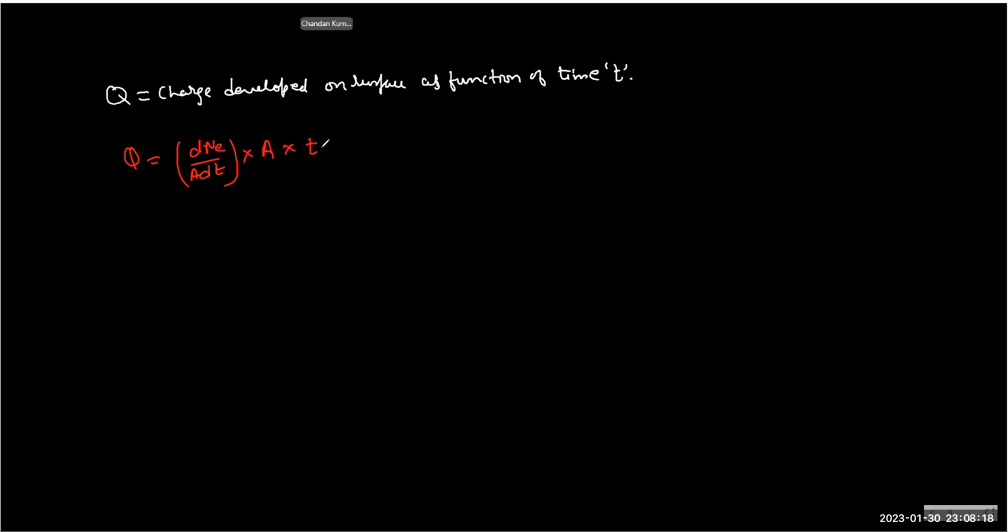So if it is constant, then we can simply multiply with the area and time t, right? Yes, sir.